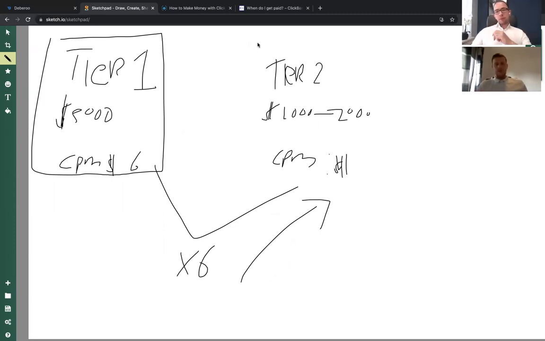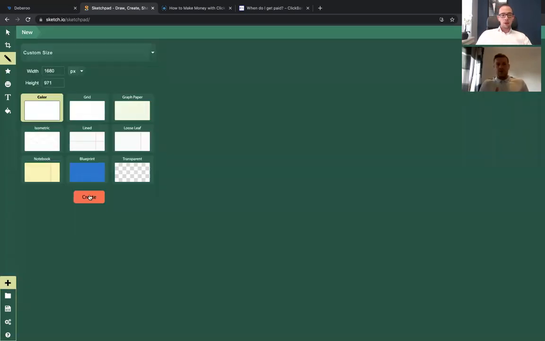But if you're spending anything from 100, 200, 300 a day, by the time you get your first payment, you may not even be out of the optimizing phase. You might have to pause your campaign because the cash flow is just not sufficient to continue.